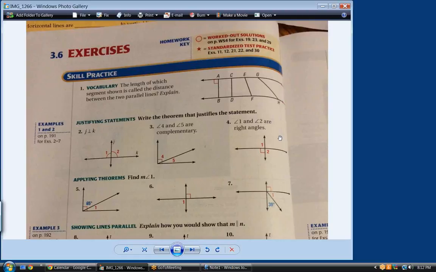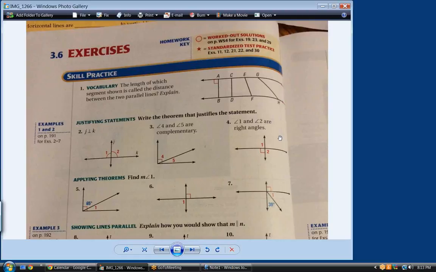Okay, so for number 4, 1 and 2 are right angles. Would it be theorem 3.9? If 2 angles are perpendicular, then they intersect to form 4 right angles? That's it.